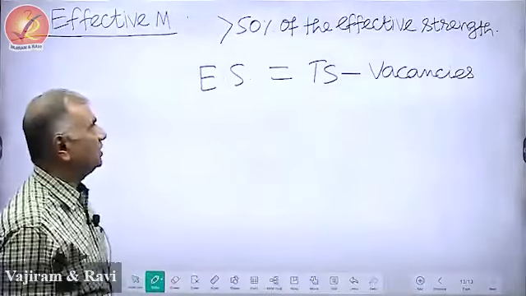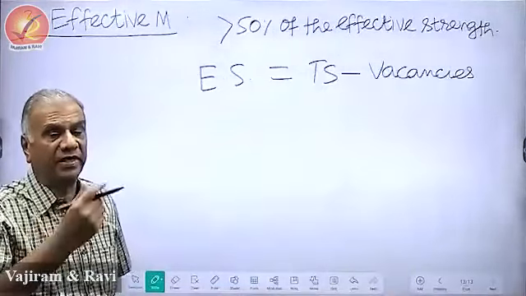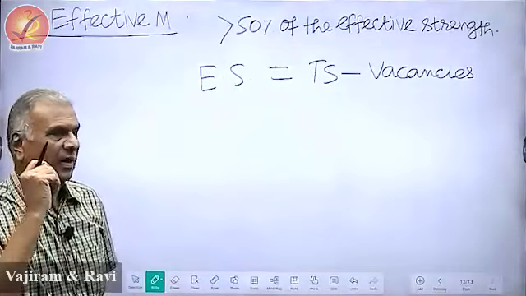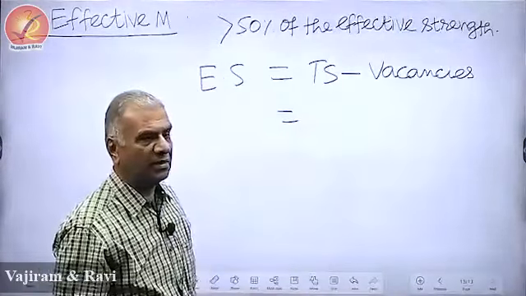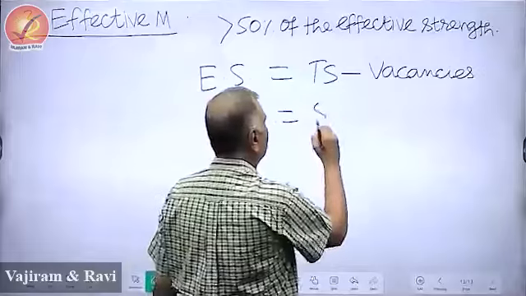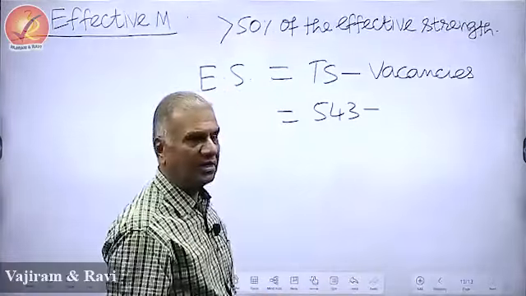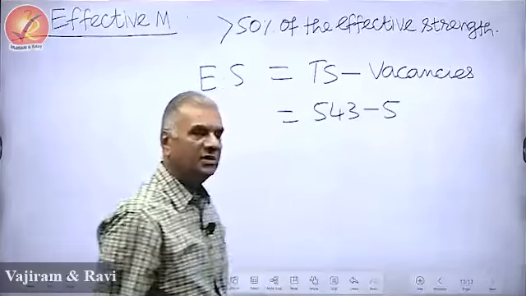So effective strength means total strength of the house excluding the vacancies. For example, what is the total strength of Lok Sabha? 543. And let us say at a given time that there are 5 vacancies.